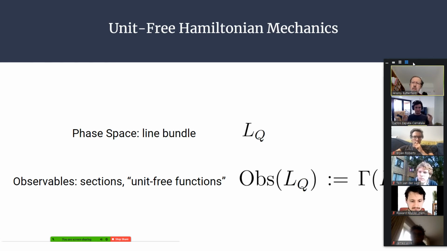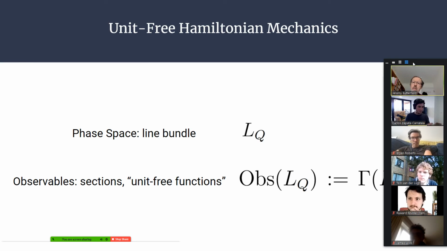The unit-free philosophy is we have a bundle over a manifold, and then there's no unit. That's why I call it unit-free, because there's no choice of unit. There's no preferred choice of unit. And then choosing a unit is an active choice here, right? You have to say, I choose this particular local non-vanishing section here, and if I choose that one, then all the sections have a particular representation as functions, right?